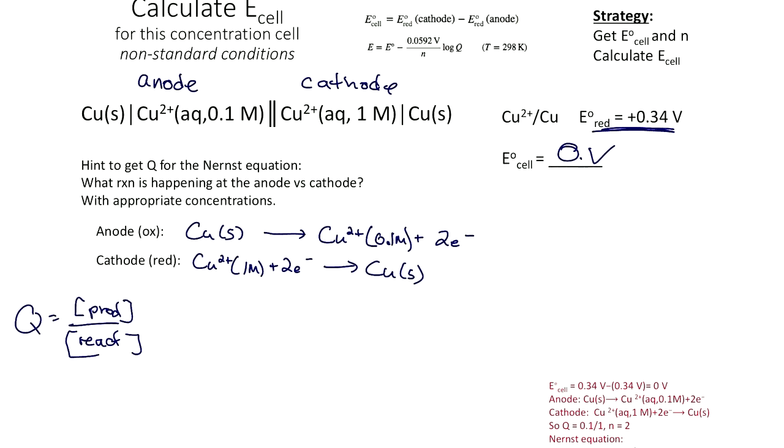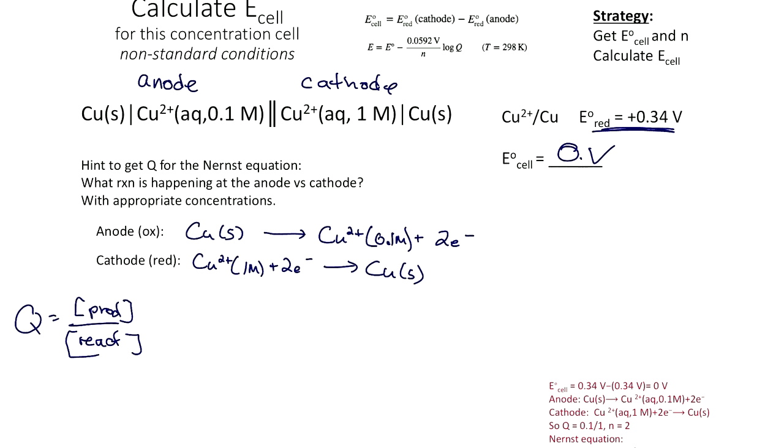Because in order to balance this reaction, we add up your oxidation and your reduction reactions. So we see which copper is the product: it's the one that's 0.1 molarity. The reactant is the one that's 1 molarity.